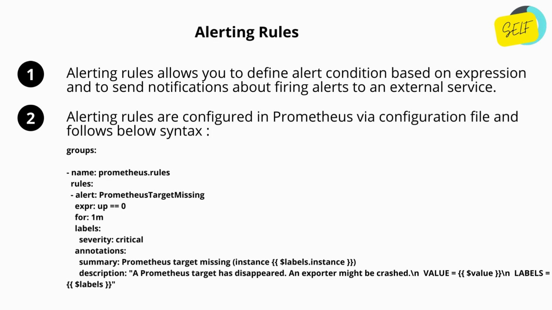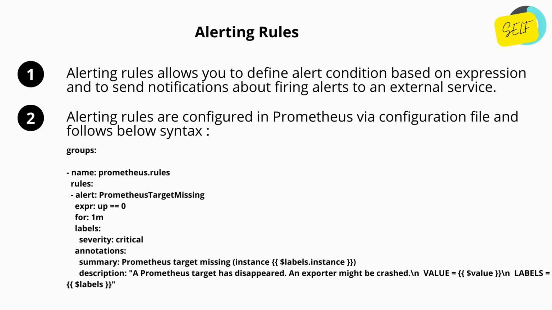In the expression, we use the actual metrics that are coming from the target system. Along with those metrics, we can use predefined functions that can work with the metrics, like rate or sum and others. So in this expression, you see up equals to 0. Now what is up here? Up is a metric that comes with each and every target that is registered in your Prometheus.